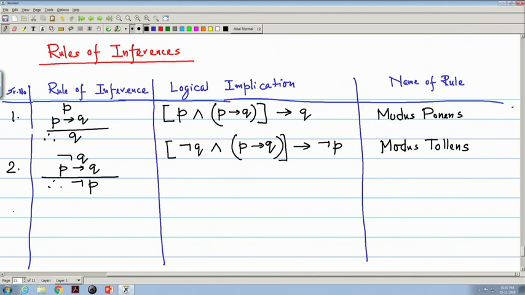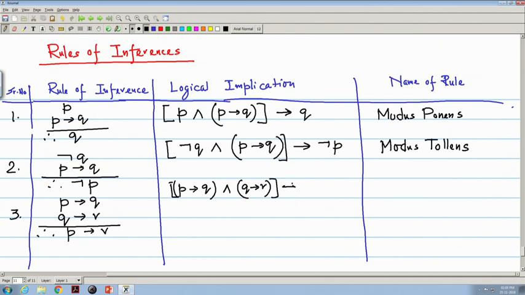Now, we give the third rule as if P implies Q, this is one proposition, and Q implies R, another proposition, then therefore, P implies R. So, it tells P implies Q and Q implies R implies P implies R, and the name of the rule is hypothetical syllogism.